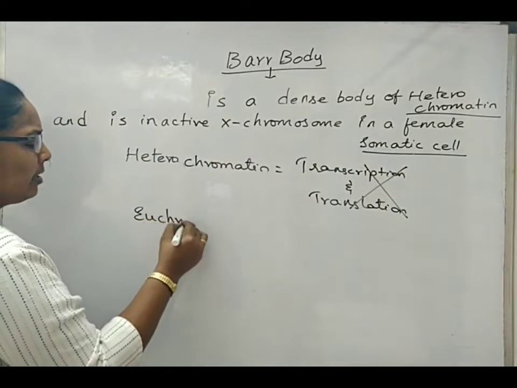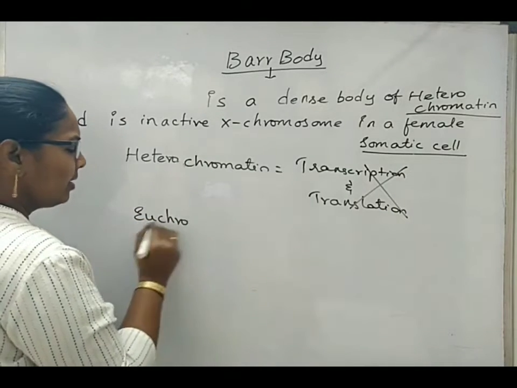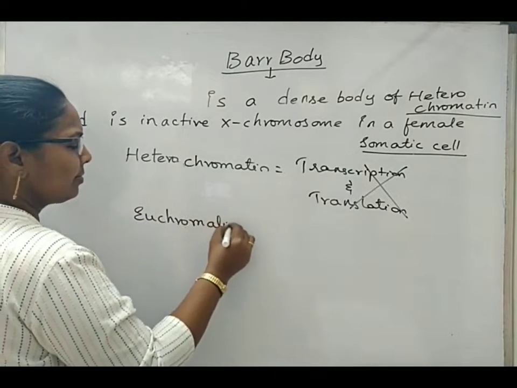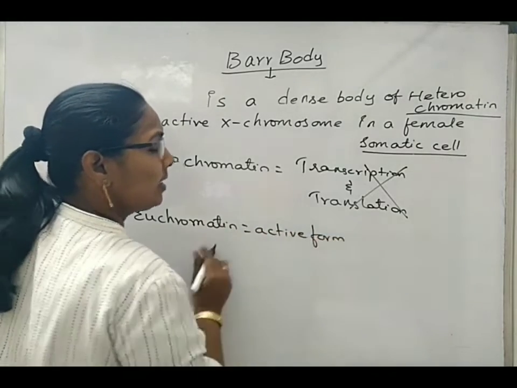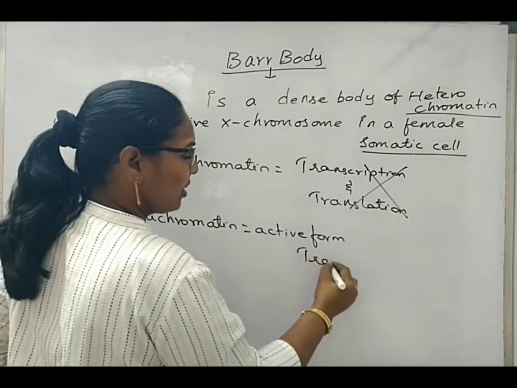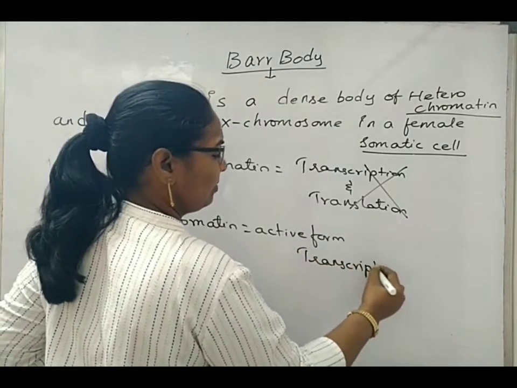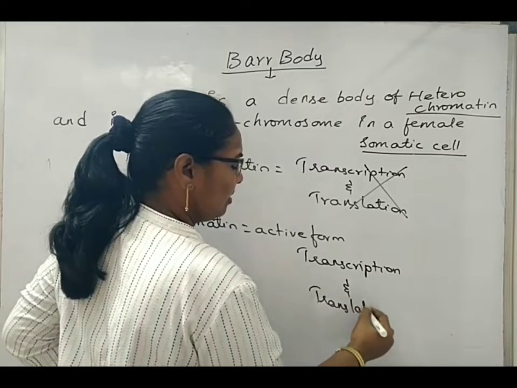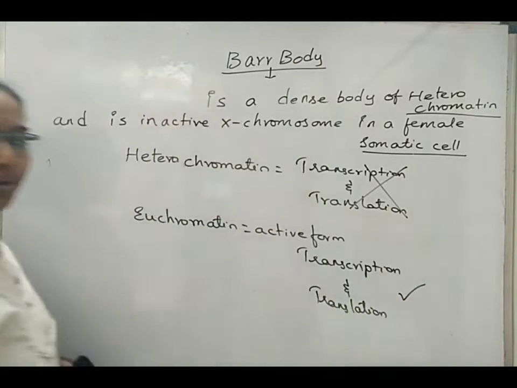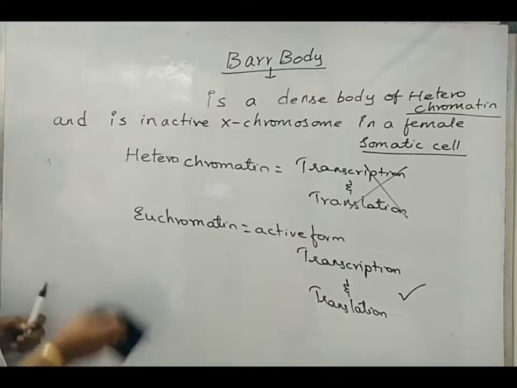There is another chromatin part that is called euchromatin. This is considered as the active form of chromatin material that does both the transcription and translation. So these two processes will be done by euchromatin.